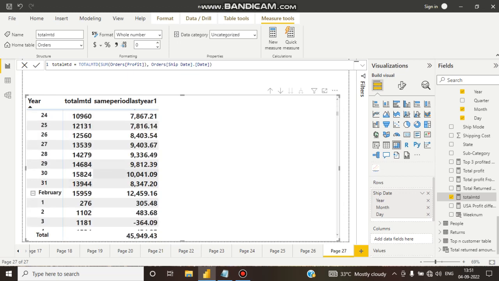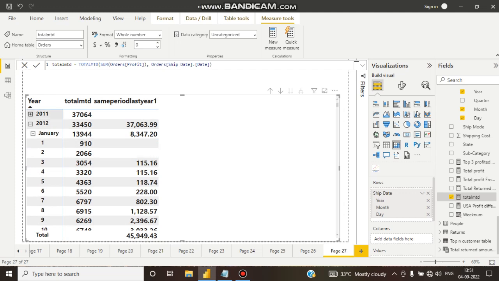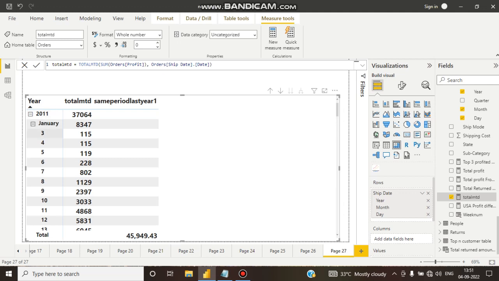But I want to see what it was in January 2011 also. I want to compare this. So here you can see in the 2011 data, 1st and 2nd January of 2011 are not present.